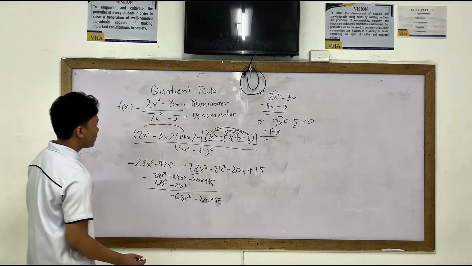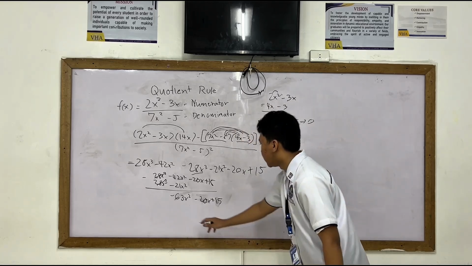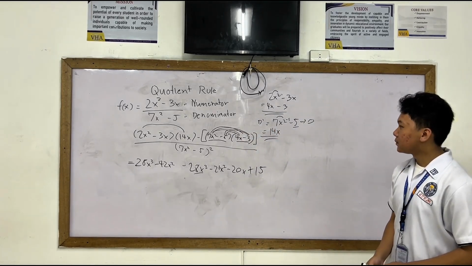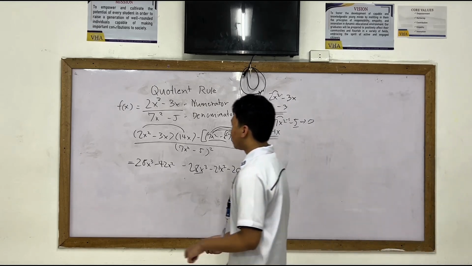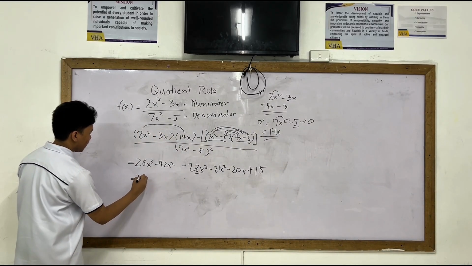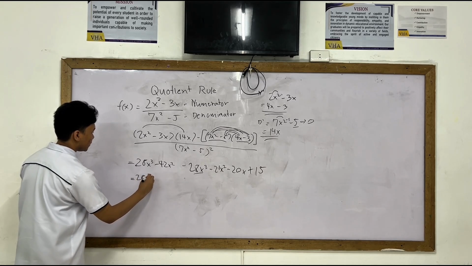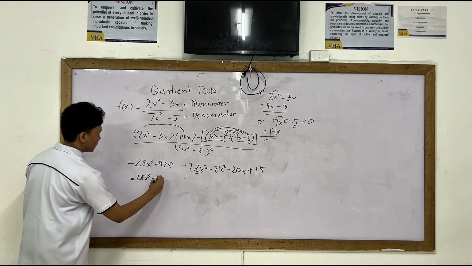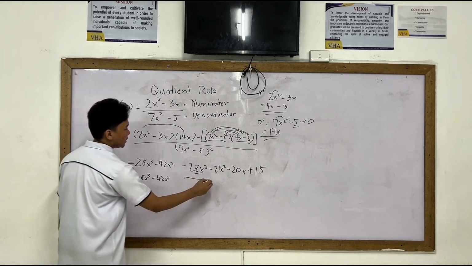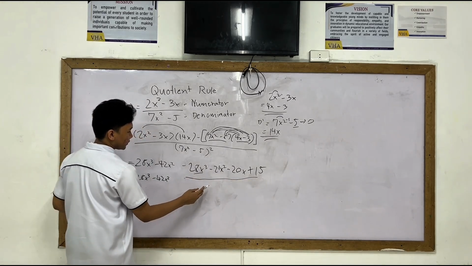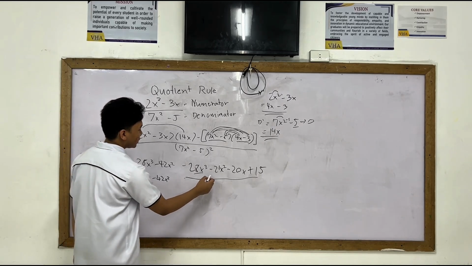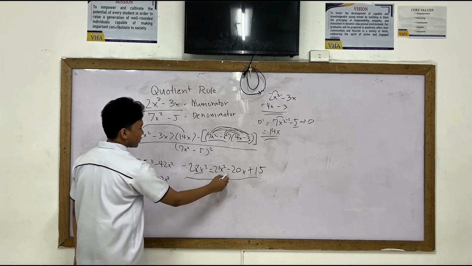So now we have this answer here. Now we write it this way. So we have 28x³ minus 42x², and all of their integers will be their opposites.